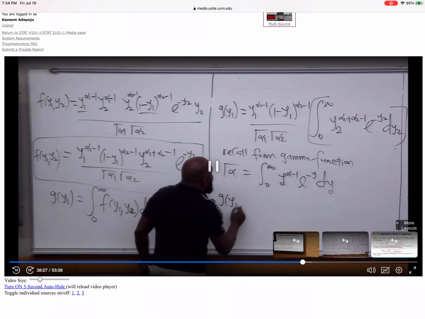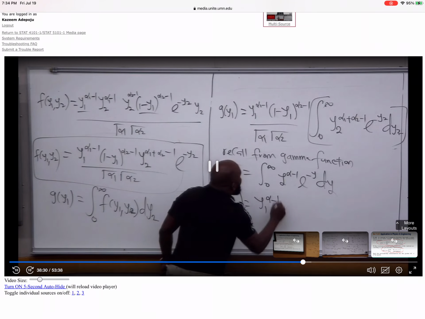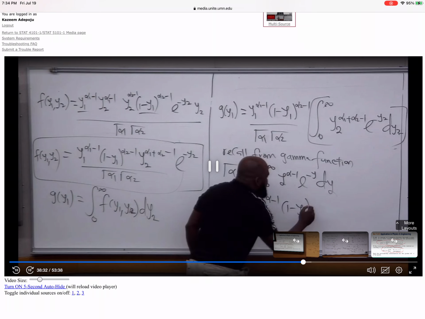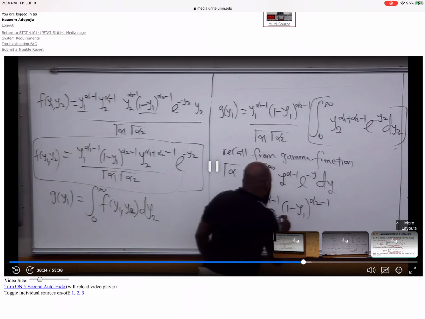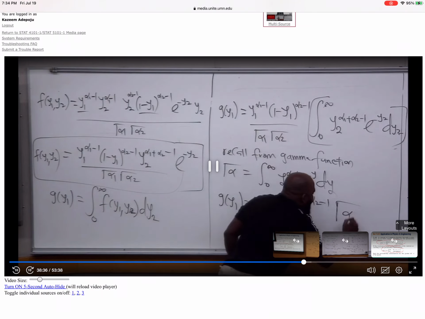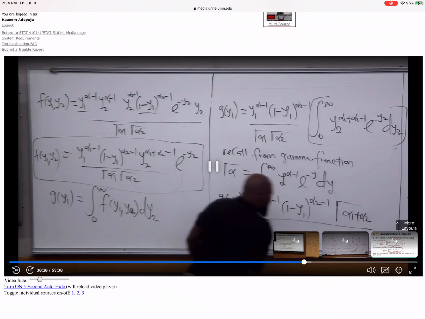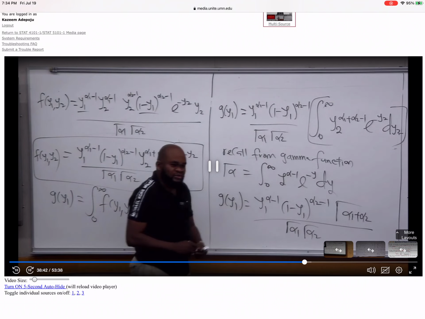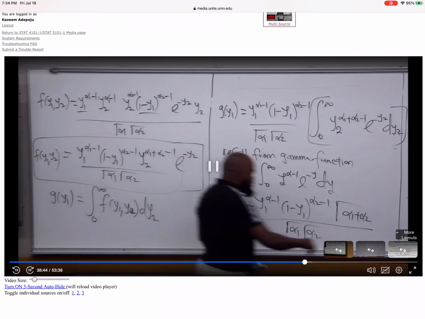Now, finally, g of y1 is this: y1 raised to the power this, 1 minus y1 raised to the power this, gamma alpha 1 plus alpha 2 divided by gamma alpha 1, gamma alpha 2.